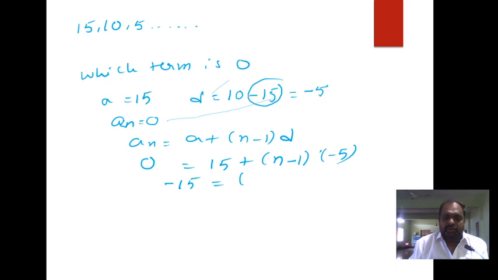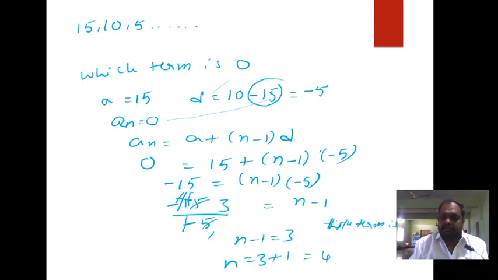So minus 15, take minus 5 to this side, it divides, equal to n minus 1. Minus and minus cancel. 5 1 ja, 5 3 ja. n minus 1 is equal to 3. n is equal to 3 plus 1, that is 4. That means the fourth term is 0.